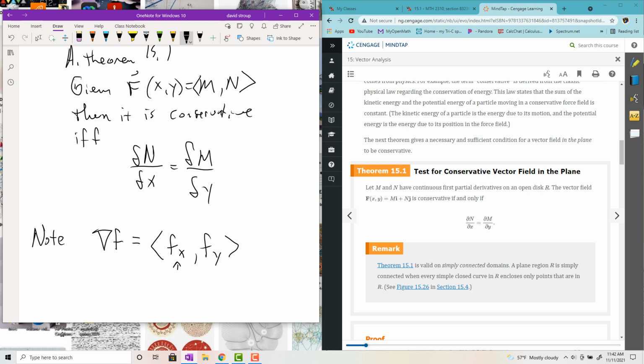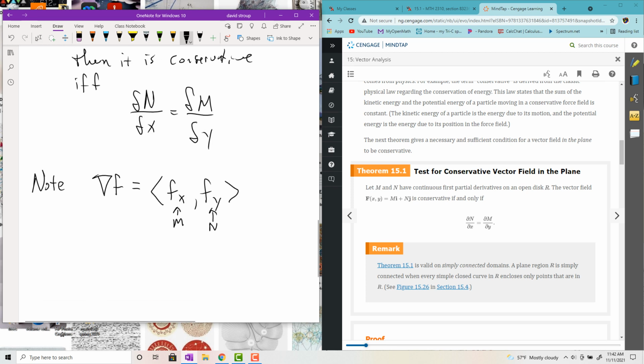This guy right here is your M. This guy right here is your N. So notice then also the partial derivative of M with respect to y is fxy, right? The partial derivative of N with respect to x is going to be fyx. And we know that those things are equal, so that becomes our test, to see if there was this function that generates the vector field when you take its gradient.